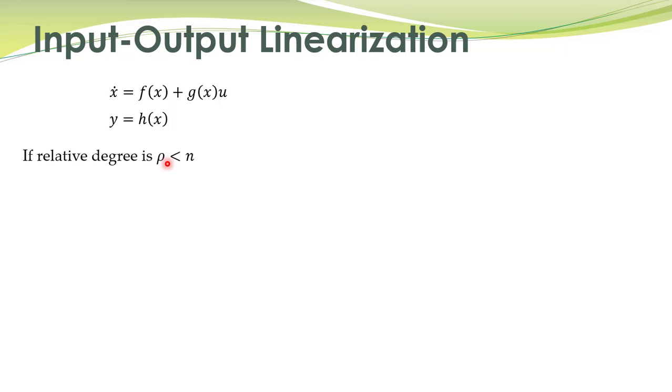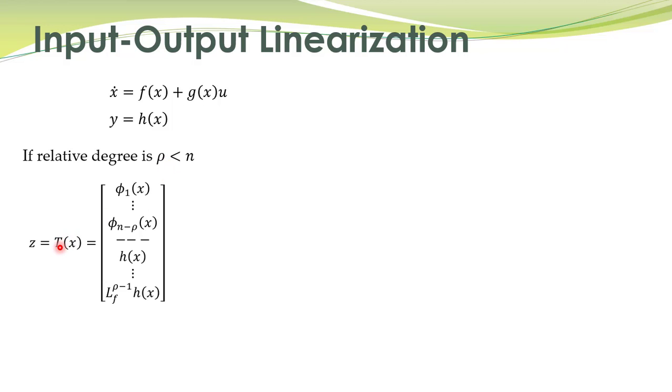If relative degree is less than n, we can utilize this state transformation where h of x is this over here, and we have already learned how to compute the Lie derivatives of h of x along some function f of x. So h of x, its Lie derivative along f of x, and up to its rho minus first Lie derivative along f of x.